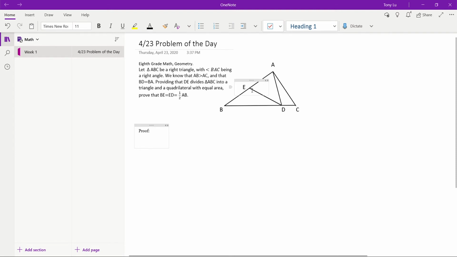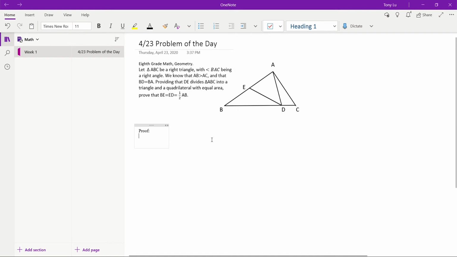There's also something else quite weird, which is that DE divides the area of the triangle ABC into two equal areas, which are the triangle BED and the quadrilateral AEDC. At first this might seem very peculiar, as we're trying to prove that two line segments are the same length and we have an area comparison that is quite useless.